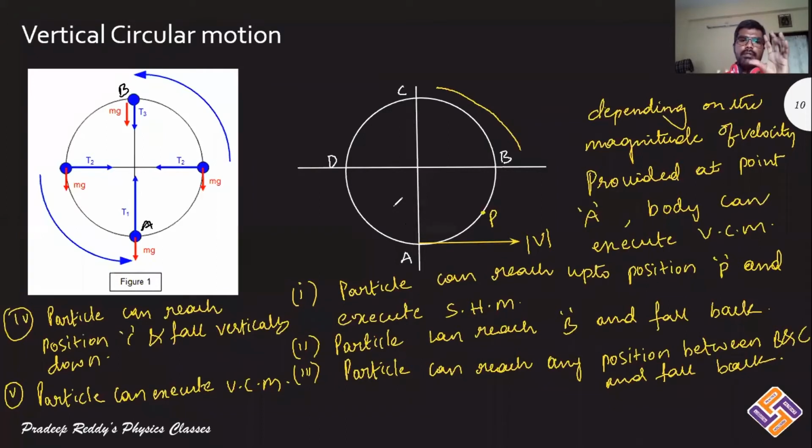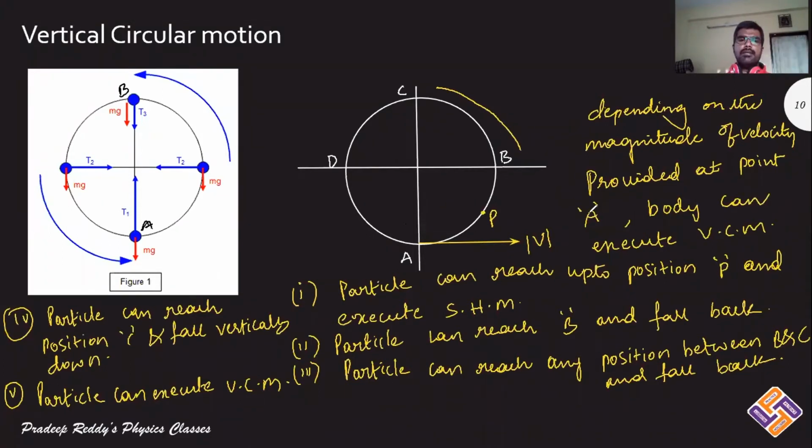These are the 5 possible conditions where a body, when it is provided velocity v, can have these 5 possibilities. It can just execute simple harmonic motion. It can go to point B, which is exactly perpendicular to the radius, and then fall down. It can reach anywhere between B and C and then fall down vertically. It can go to position C and then fall down vertically. It can execute complete vertical circular motion.